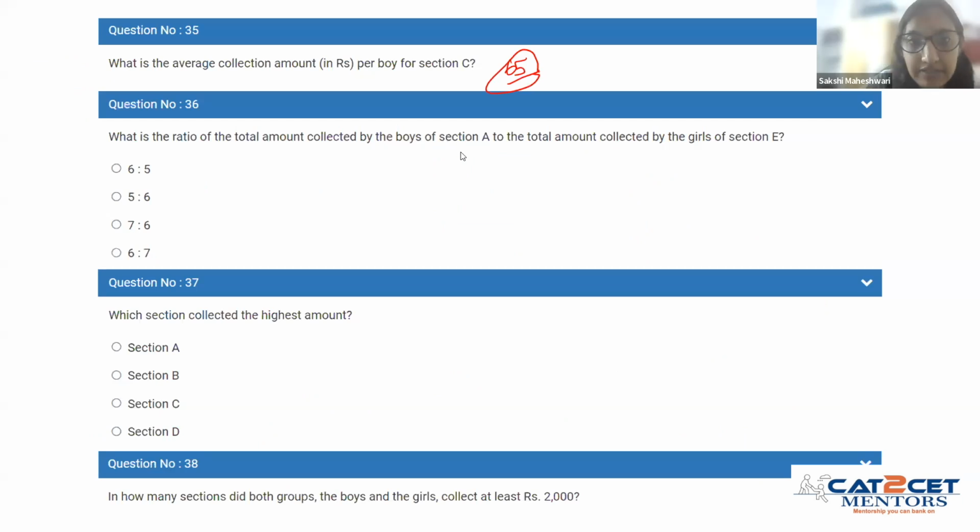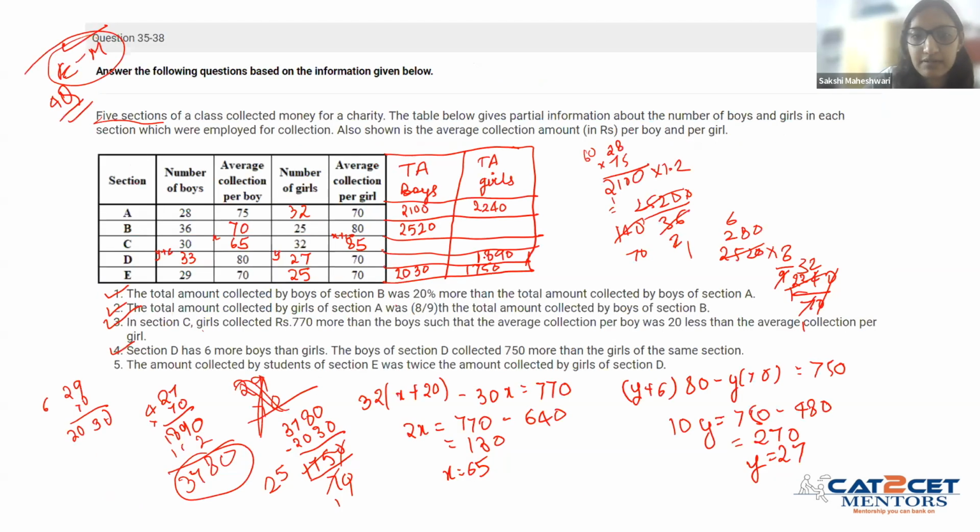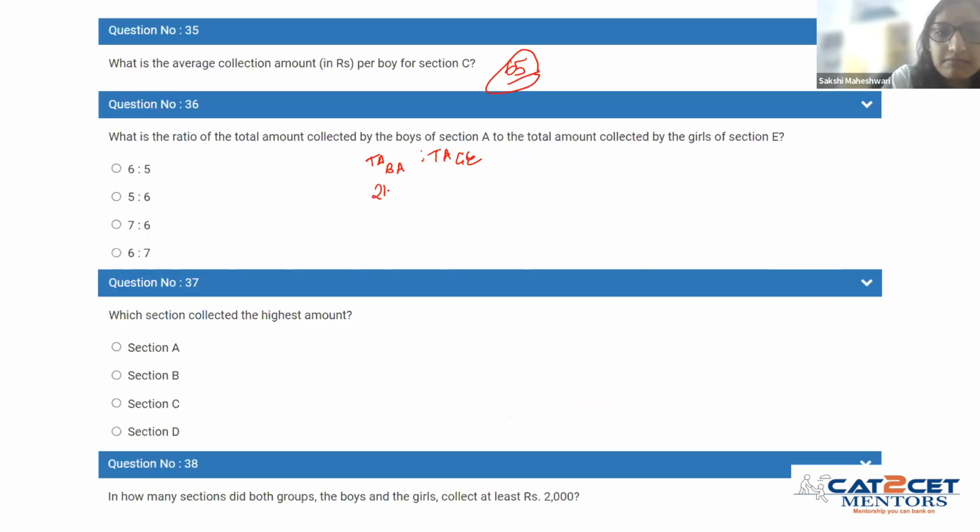Now, the ratio of total amount collected by boys of section A to total amount collected by girls of section E. So boys of section A is 2100 and girls of section E is 1750. So I'm dividing by 7.